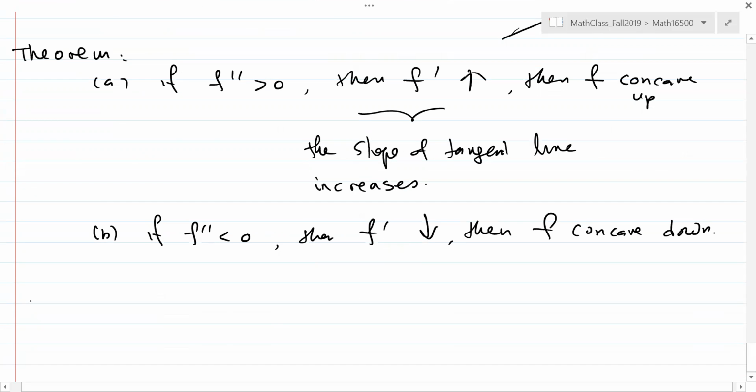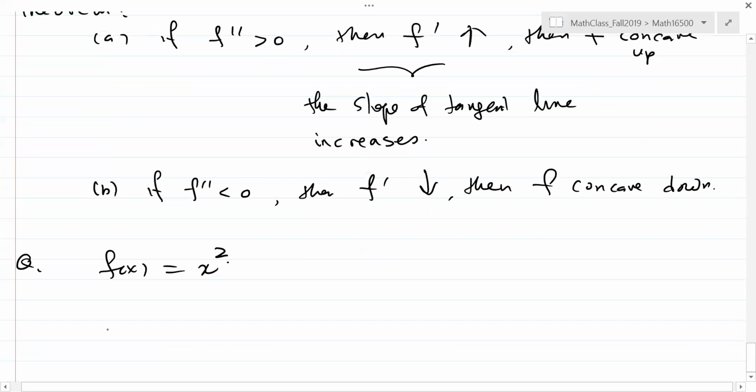A typical example is the following. This is always my example. You look at x squared. If you look at x squared, you see the graph looks like this, right?